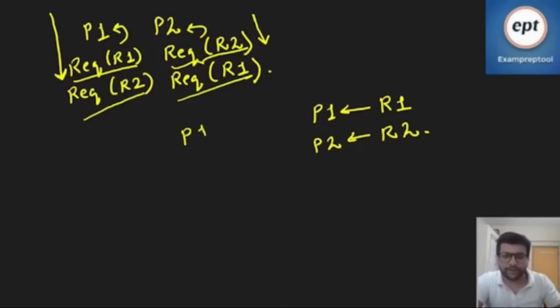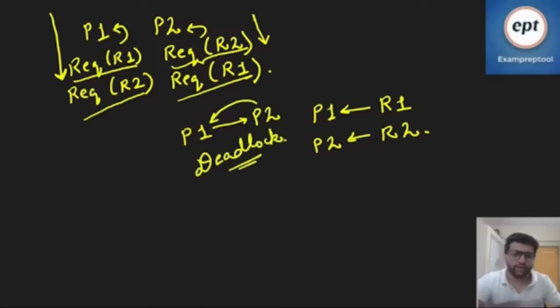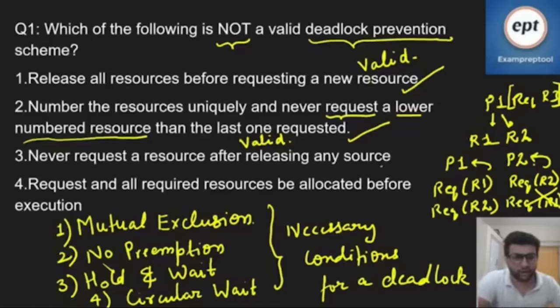That means P1 is waiting for some resource to be released by P2 and P2 is waiting for some resource to be released by P1. Hence, we can see that there is a situation of deadlock. Hence, we cannot say that this is a valid deadlock prevention scheme. So this is an invalid deadlock prevention scheme. The question was asking which of the following is not a valid deadlock prevention scheme. That is why this is the answer.